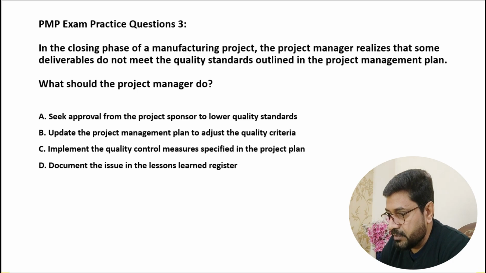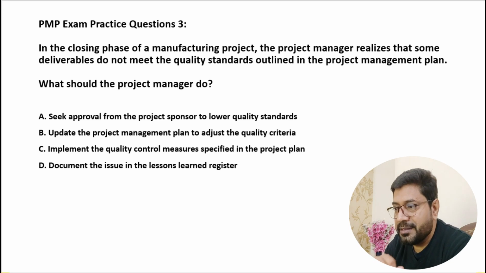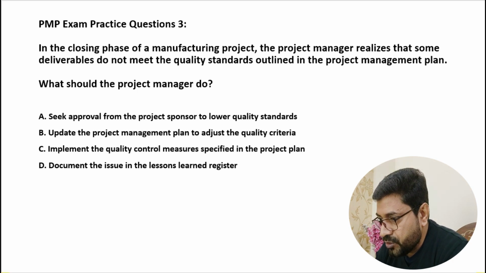It's a manufacturing project, and we are in the closing phase. Now, the project manager has realized that some of the deliverables do not meet the quality standards which were planned in the beginning. So what should the project manager do?